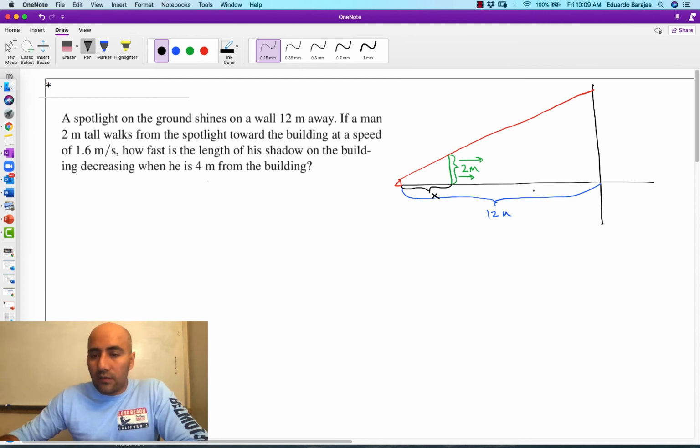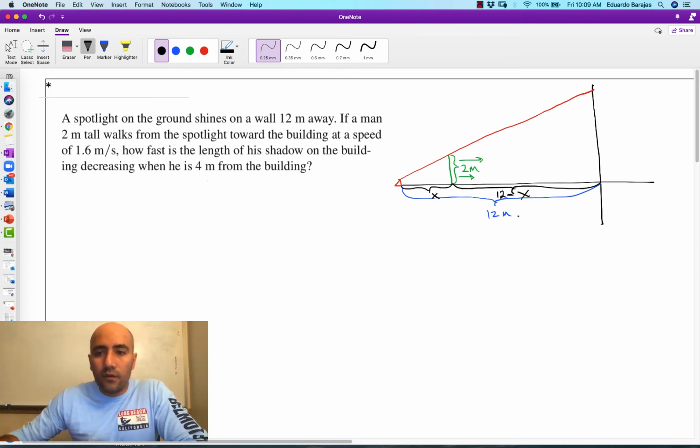So even though there's perhaps a desire to want to throw in another variable for this, let's use the fact that the 12 is fixed, and so if x represents the distance from the light to the man, then the distance from the man to the wall, this distance right there, should be 12 minus x.